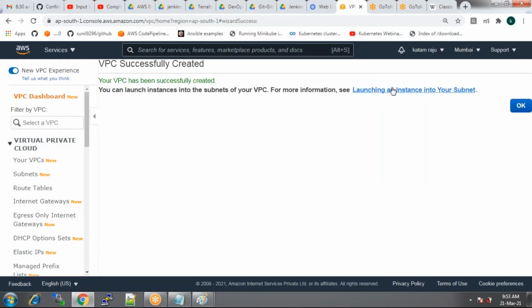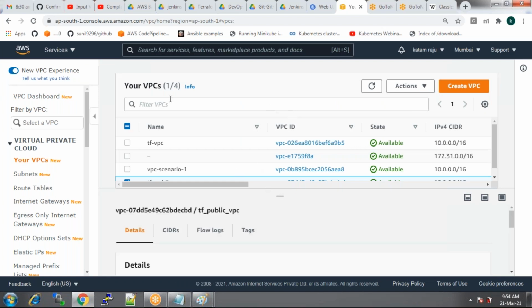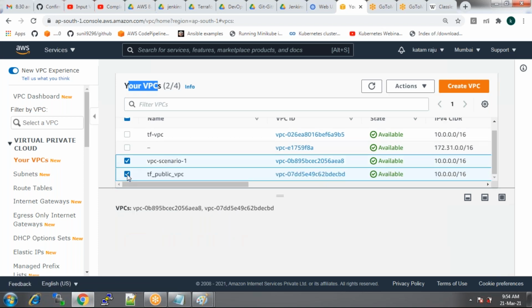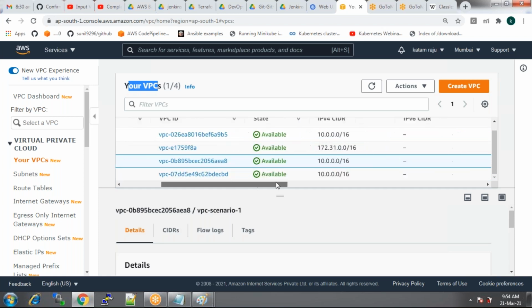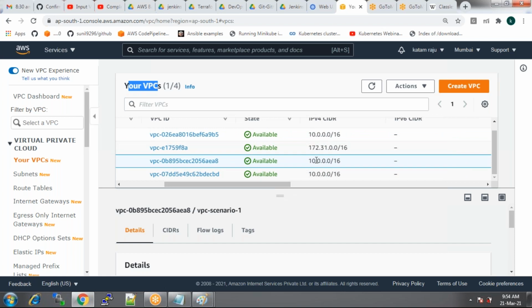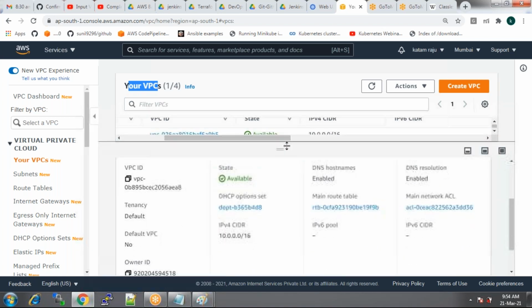So successfully created. Now you can launch instances within the subnet. Now we are under VPCs. VPC is created. You see that we are under VPCs, and this is our VPC. And what is the CIDR block? That's the CIDR block. You can see the VPC information over here.